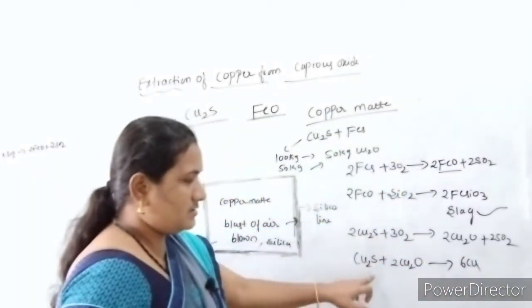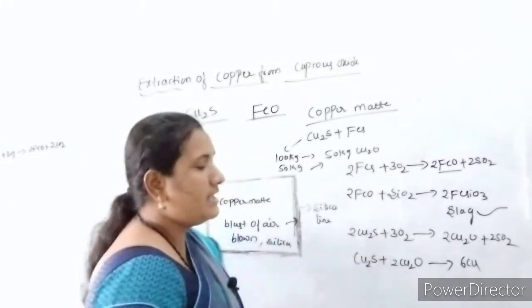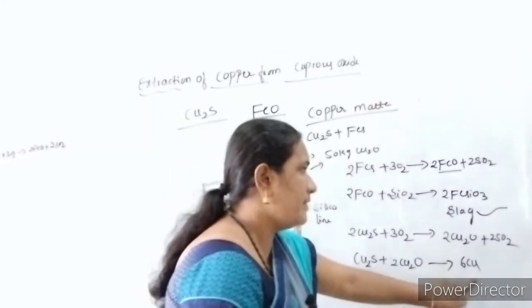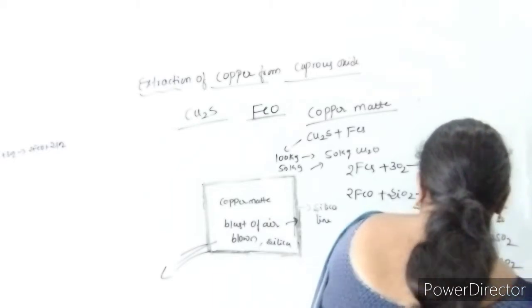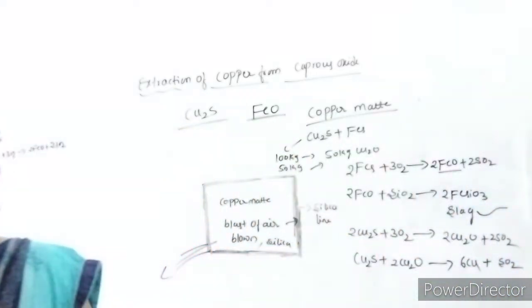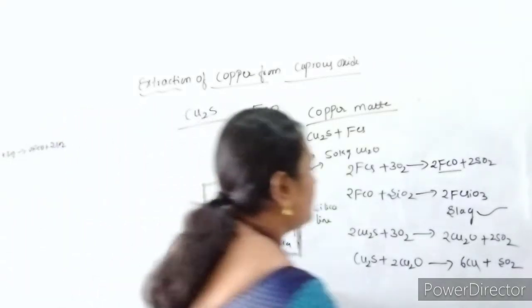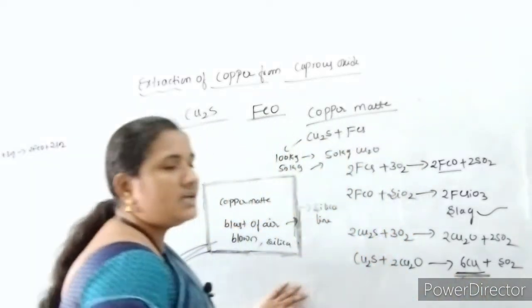See here, the sulfide is undergoing reduction by the copper oxide. As a result, we get the formation of metallic copper with the evolution of sulfur dioxide. In this way we get the pure form of metallic copper.